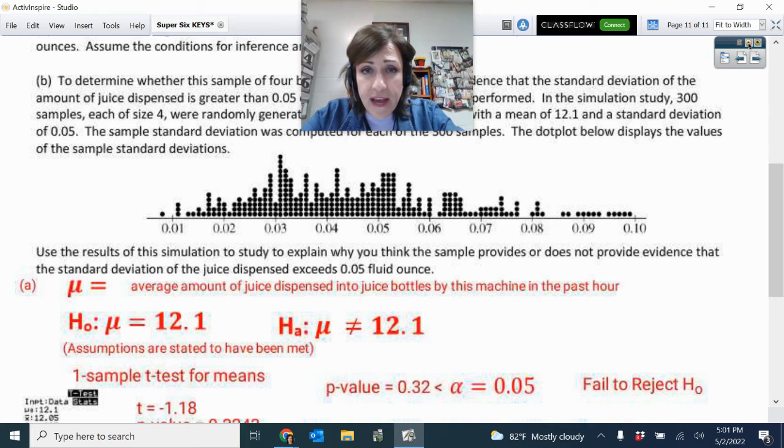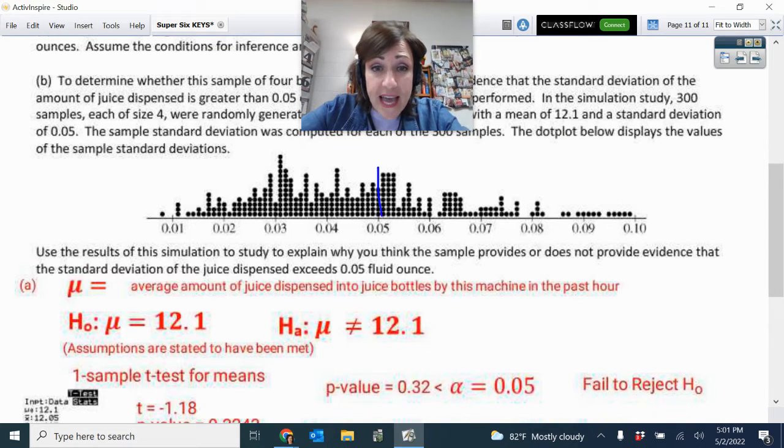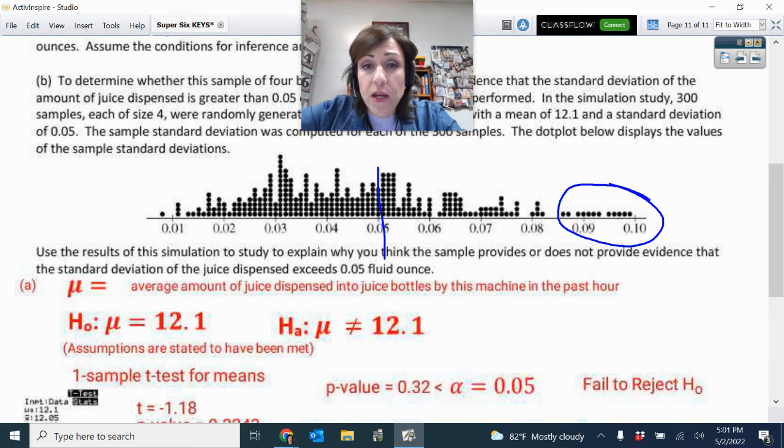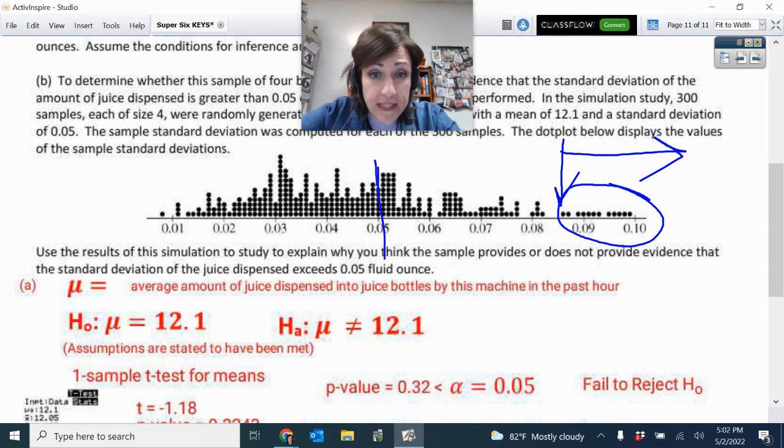Because remember, p-value is the probability of getting this sample or something more extreme if the null is true. So when they set the parameter with a standard deviation of 0.05, here was the results they got. And here is the simulated p-value. The p-value is the probability of getting this sample or something more extreme if the simulation is set at 0.05.